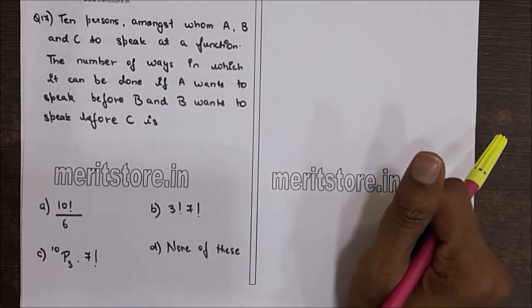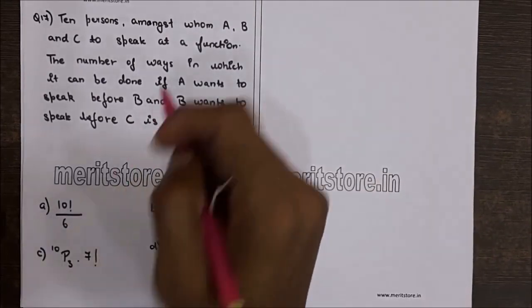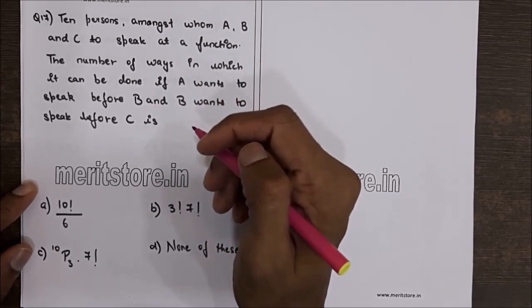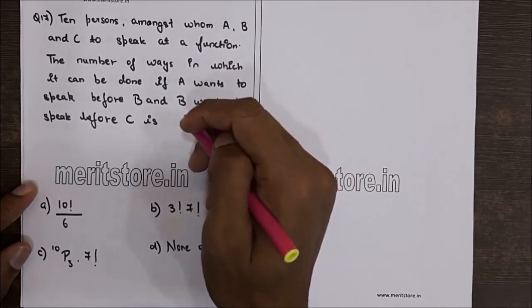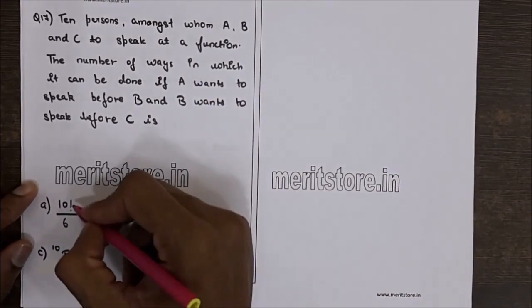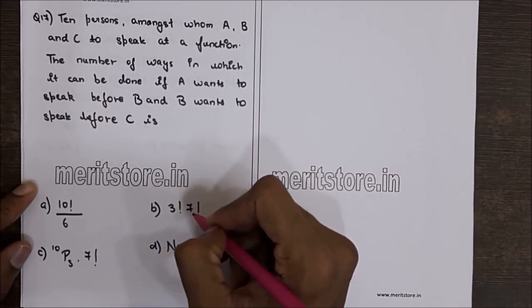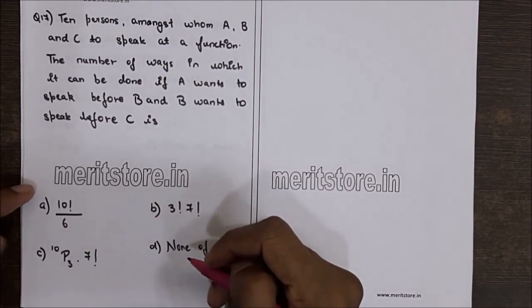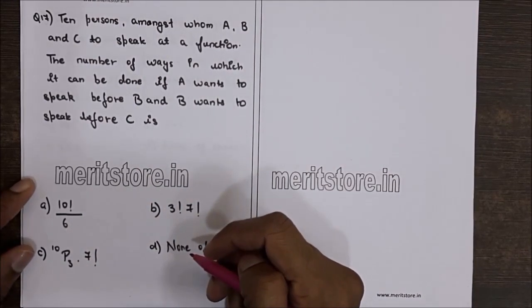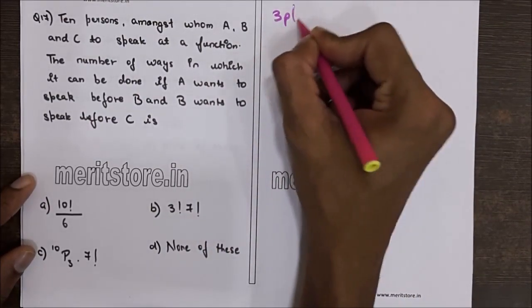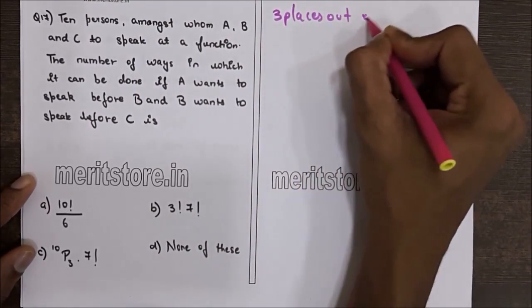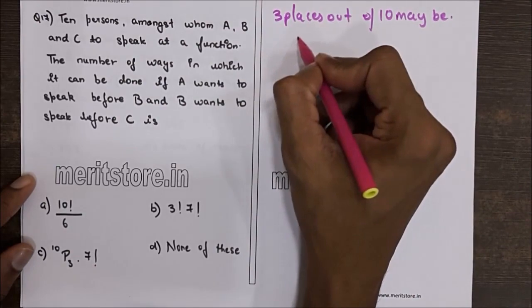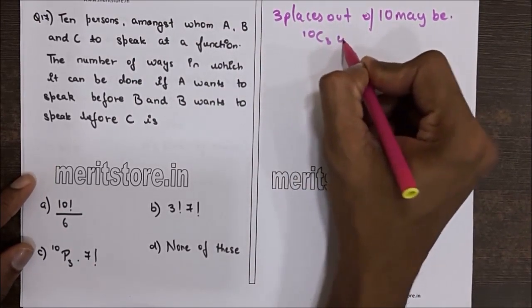Question 17. 10 persons amongst whom A, B and C are to speak at a function. The number of ways in which it can be done if A wants to speak before B and B wants to speak before C is, we have four options: A 10 factorial upon 6, B 3 factorial upon 7 factorial, C 10P3 into 7 factorial and D none of this. For A, B, C to speak in order of alphabets, 3 places out of 10 may be chosen first in 10C3 ways.